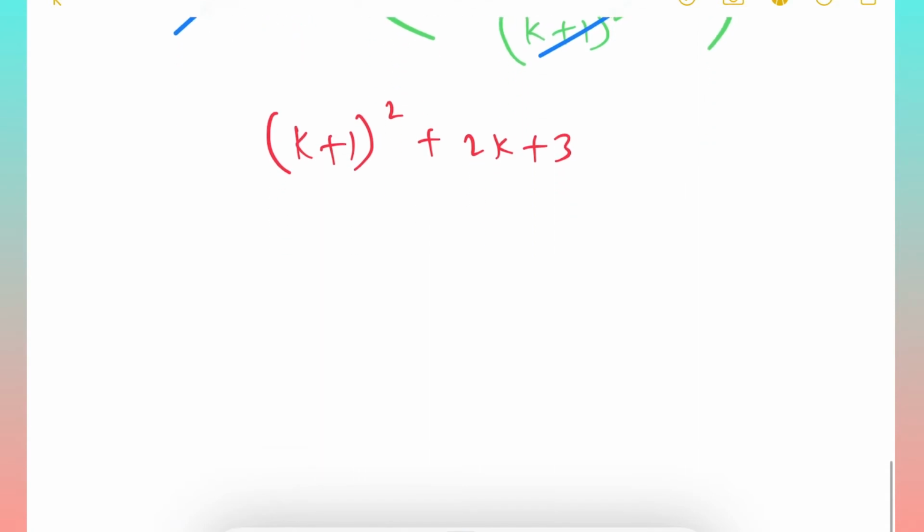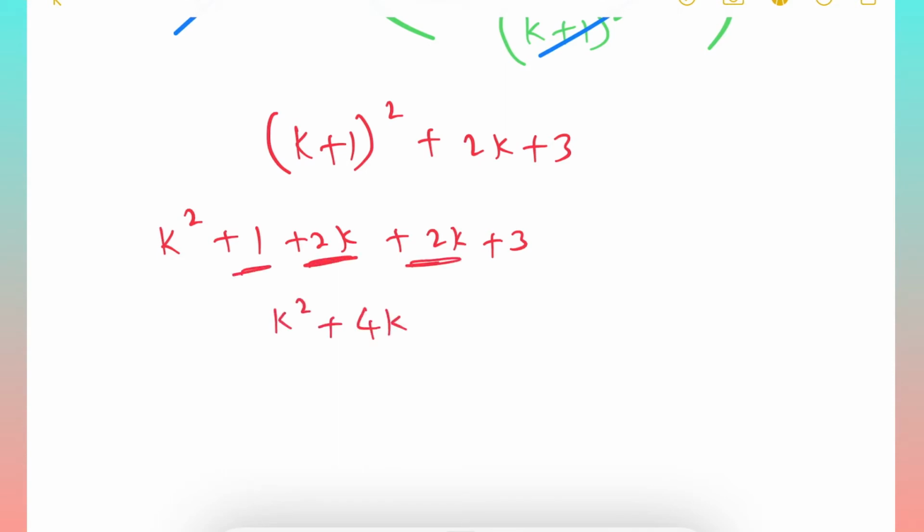So now k plus 1 whole square, if we expand, it is in the form of a plus b whole square. So k square plus 1 plus 2k plus 2k plus 3. k square plus 2k plus 2k, 4k plus 1 plus 3 plus 4. Now if we observe this final step as the answer, k square plus 4k plus, oh sorry, again I did a mistake here, I'm sorry, because 1 plus 3 is 4.